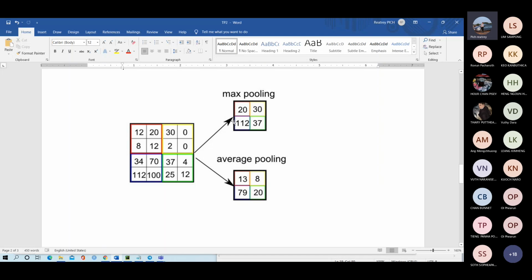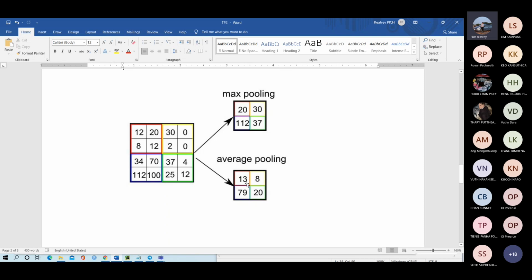But if you use average pooling, it means that you find the average among the values of the selected matrix. For example, 12, 20, 8, and 12. To get the average, you make a summation and then divide by the number of values selected. Here you use 2 multiplied by 2, so you make a summation and divide by 4, and you will get a certain value.